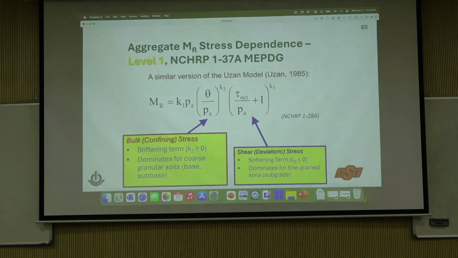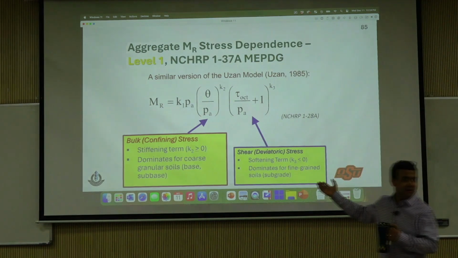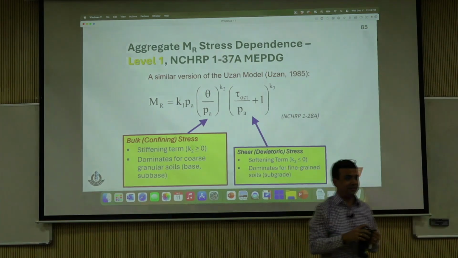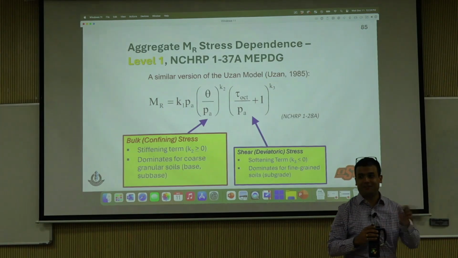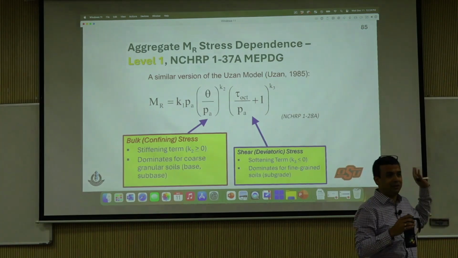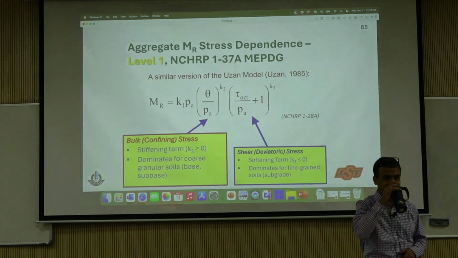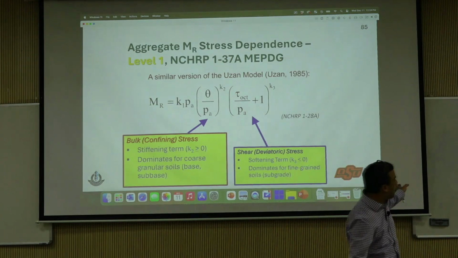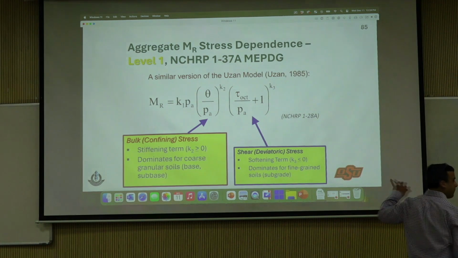Yes, the whole equation collapses. Your resilient modulus becomes 0. So it's an artificially cooked way to make it non-zero. Right? It's not based on mechanics. It's based on mathematical manipulation. This is called the MEPDG model.